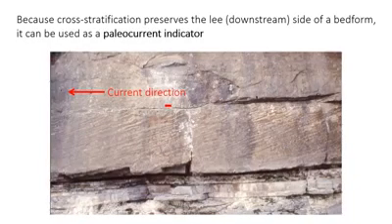Cross-stratification also has another widespread use, and that's to indicate the direction of current flow. The inclined layers in these crossbeds are also called foresets, and as you've seen in the previous slides, they are the downstream or lee side of the bed form. So therefore, these foresets dip in the current direction. In this photo, they're dipping to the left, and so the current flowed from right to left, approximately.